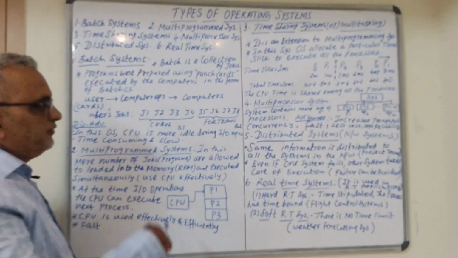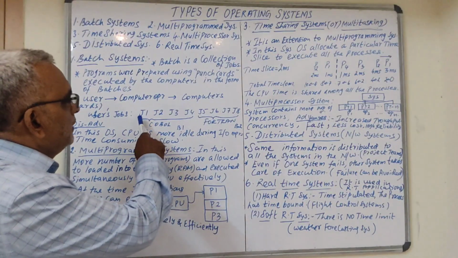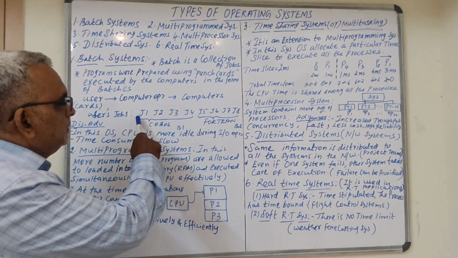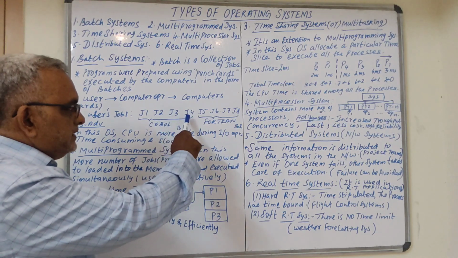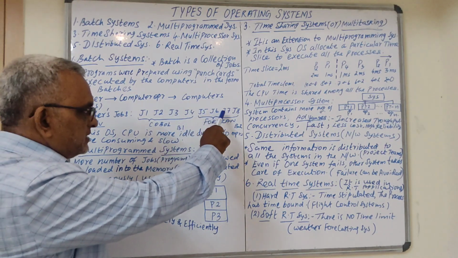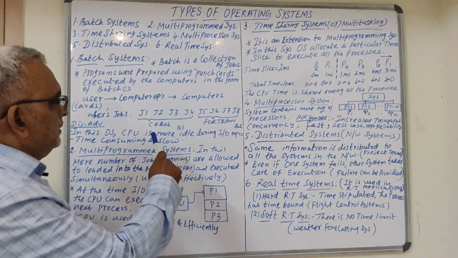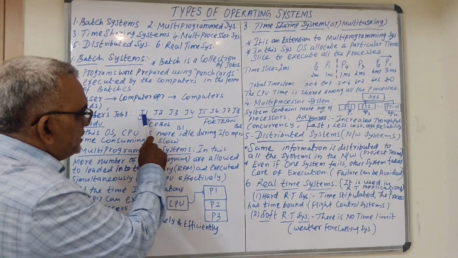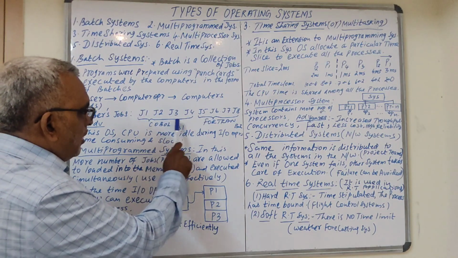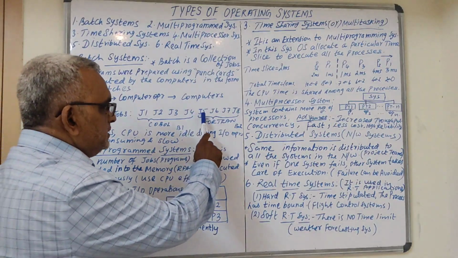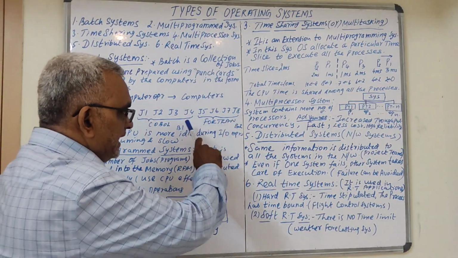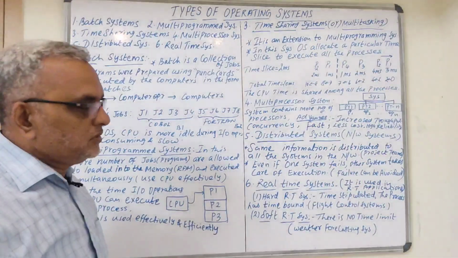Let us consider the user's jobs contain a number of jobs like J1, J2, J3, J4, J5, J6, J7, J8. Let us consider J1, J2, J3, J4 are COBOL programs, and J5, J6, J7, J8 are Fortran programs.